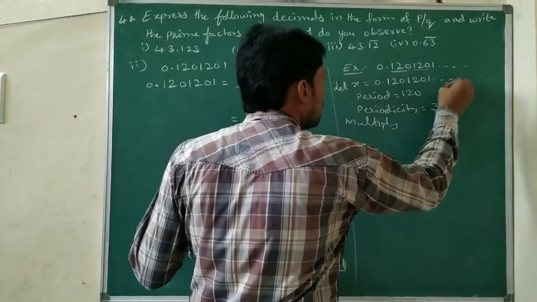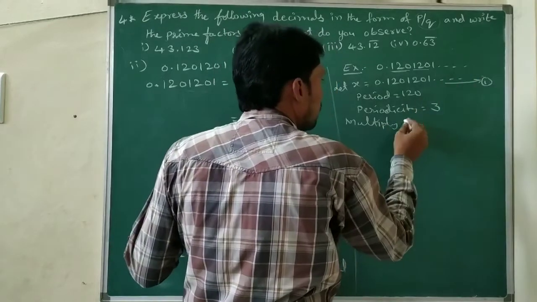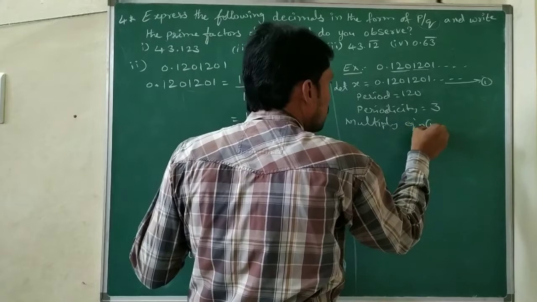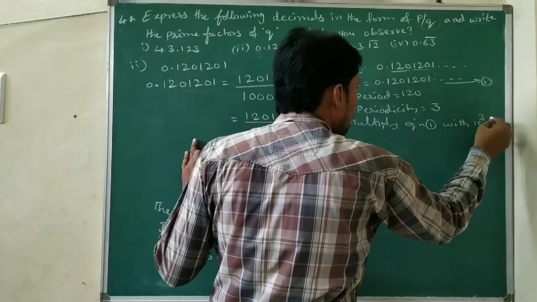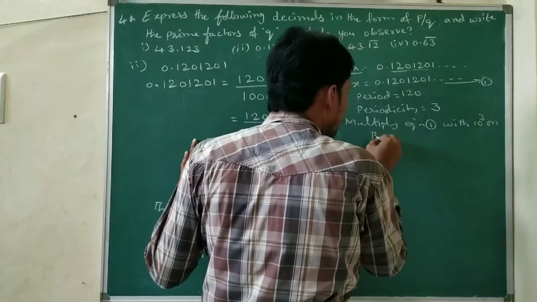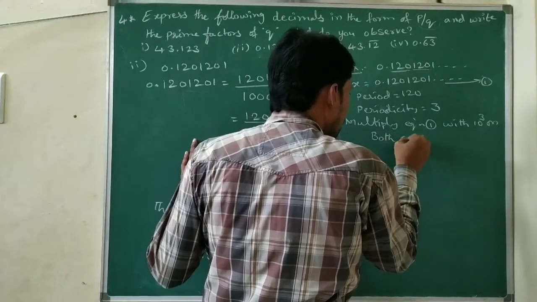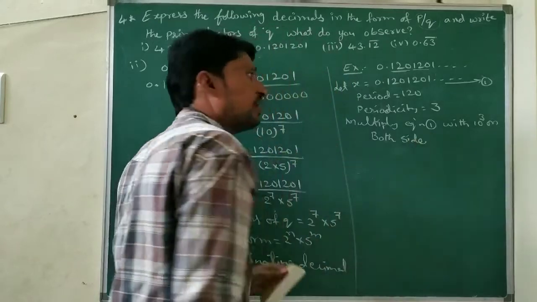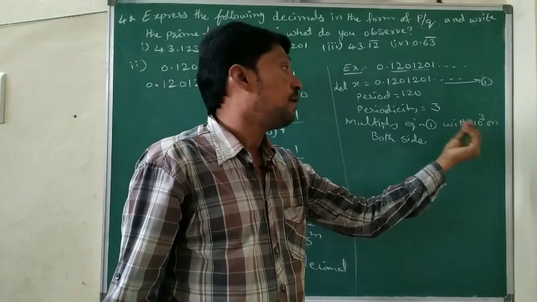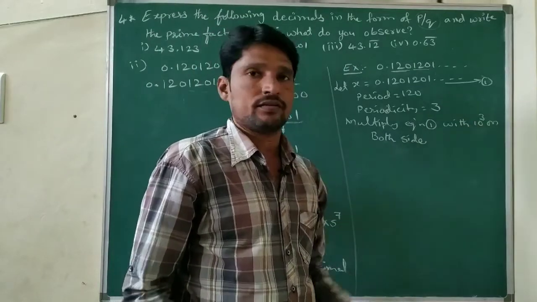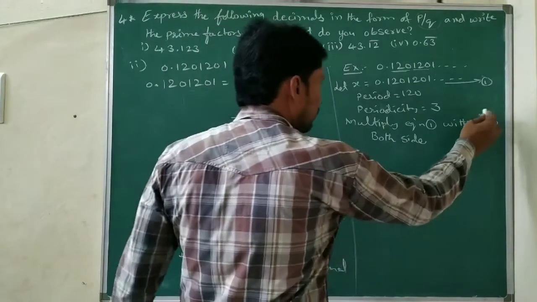This is equation number 1. Multiply equation 1 with 10 power 3 on both sides. The periodicity decides the power of 10 we need to take.